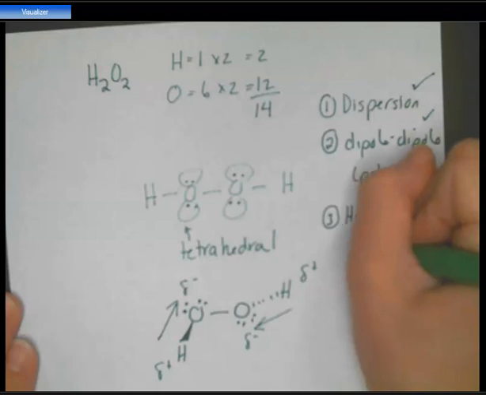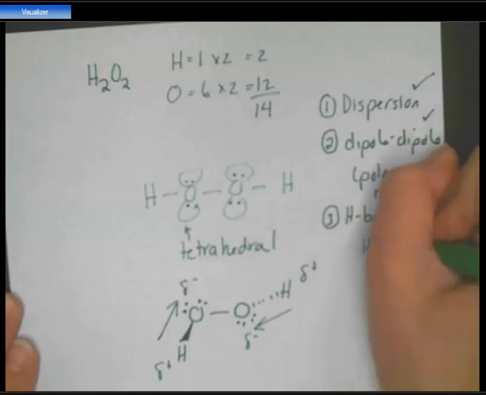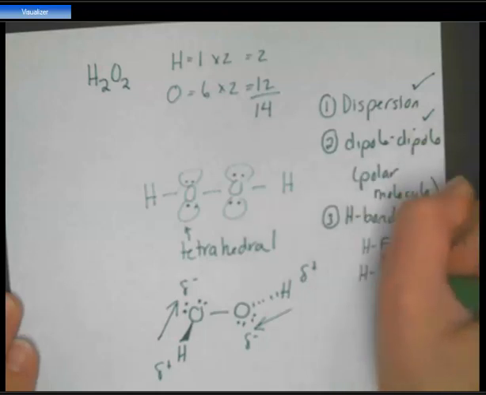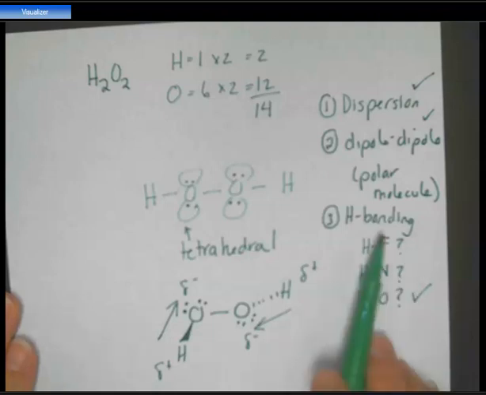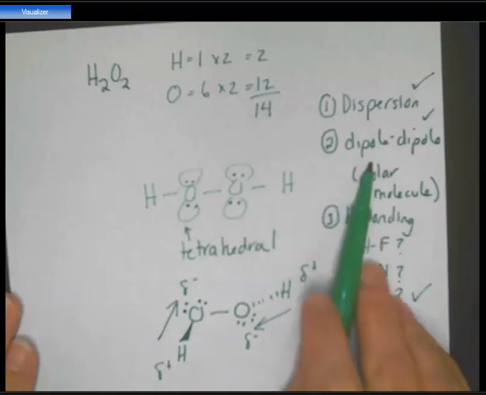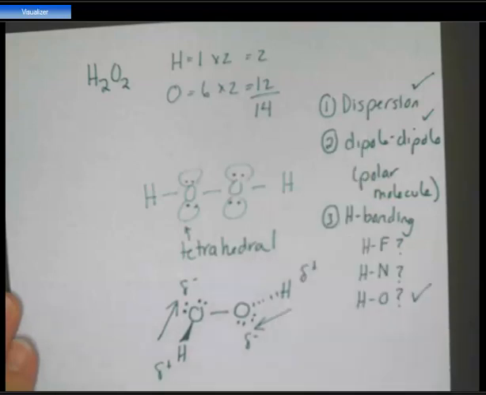So if we have an HF bond, an HN bond, or an HO bond, yes to any of those means yes to hydrogen bonding, and we have this one. So in our case, this molecule can do all 3. It can hydrogen bond, it can make dipole-dipole interactions, and it can have dispersion forces.